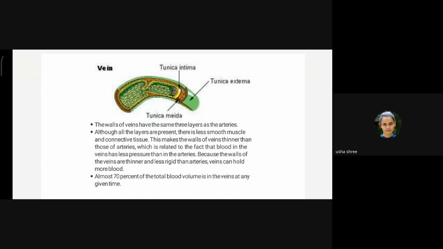Because the walls of veins are thinner and less rigid than arteries, veins can hold more blood. Almost 70% of total blood volume is in the veins at any given time.